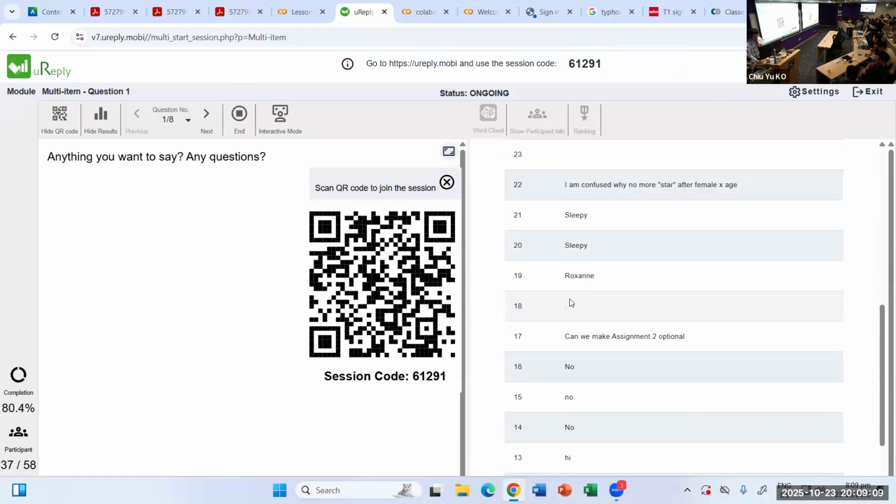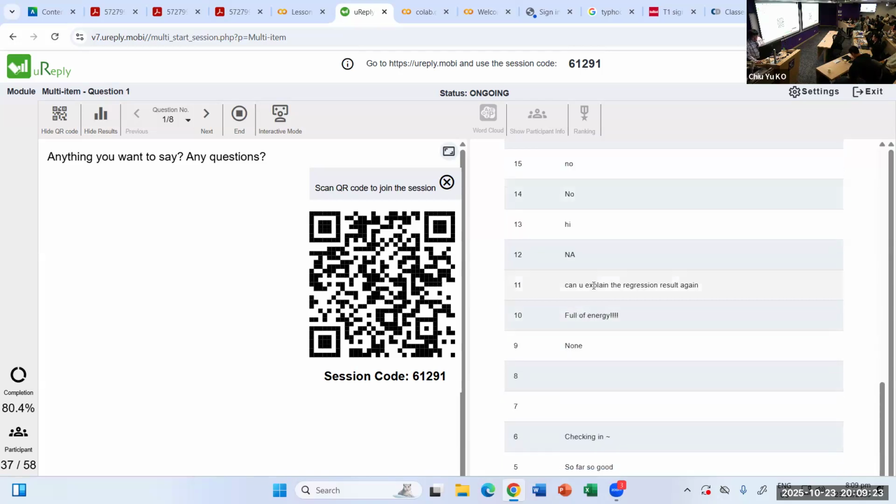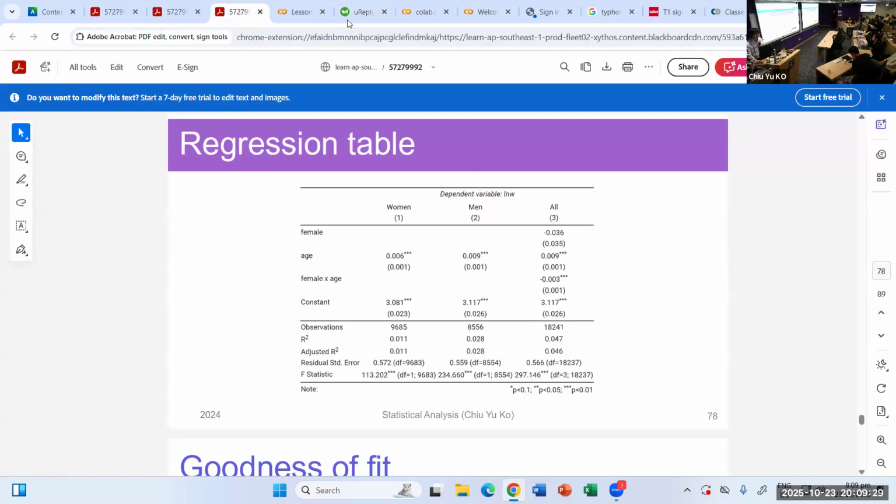Can we make assignment 2 optional? If we make everything optional, then we have to make the exam more difficult, right? Can I explain the regression result again? Which regression result? I hope that is a regression result.